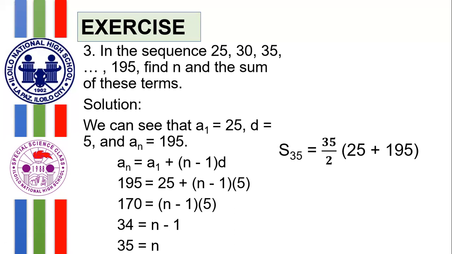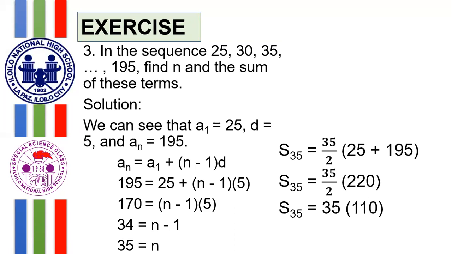So S sub 35 equals 35 halves times 25 plus 195. The sum inside the parentheses simplifies to 220. 220 divided by 2 is 110. Hence, S sub 35 is equal to 3,850. So therefore, if you will add 25, 30, 35, all the way until 195, expect that the sum will be 3,850.